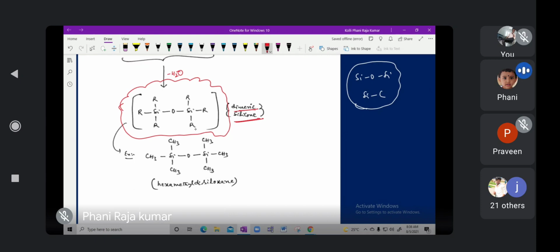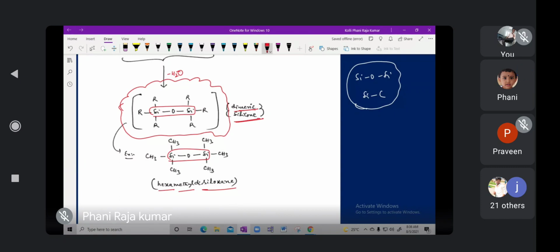If you put CH3 in place of R, we get a compound like this with an SiO linkage. It is called hexamethyl disiloxane, the official name.